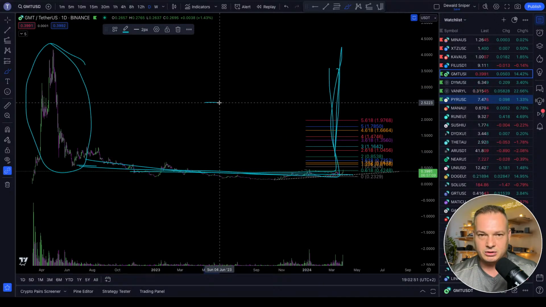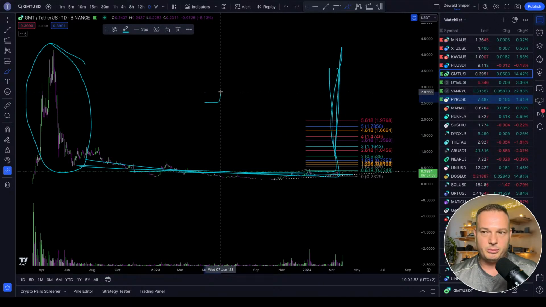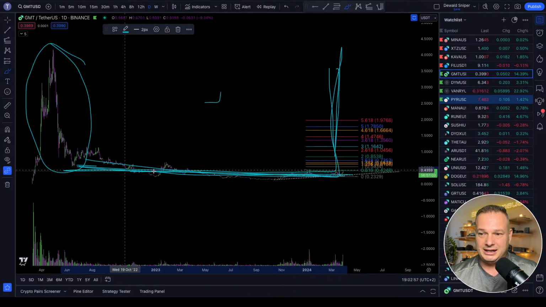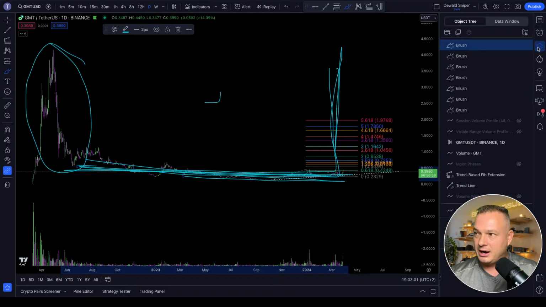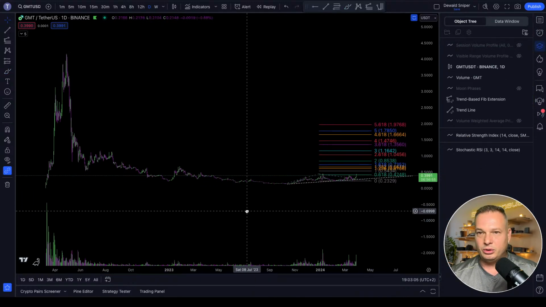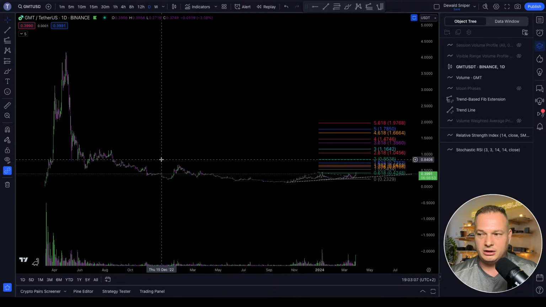The shorter the consolidation, the shorter the breakout. And this looks absolutely insane from a technical perspective, where we are only now finally starting to see life again. Looking at the daily time frame, this is why I added it to my spot bags. This is not a 10x leverage trade. This is a spot trade for me.